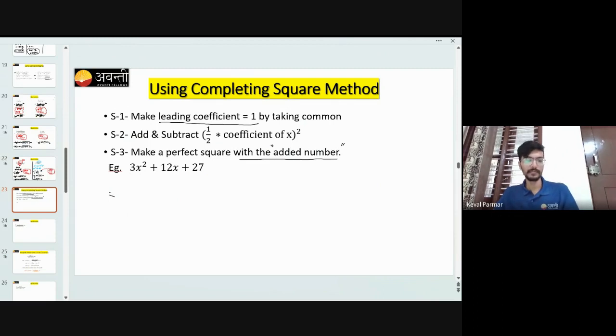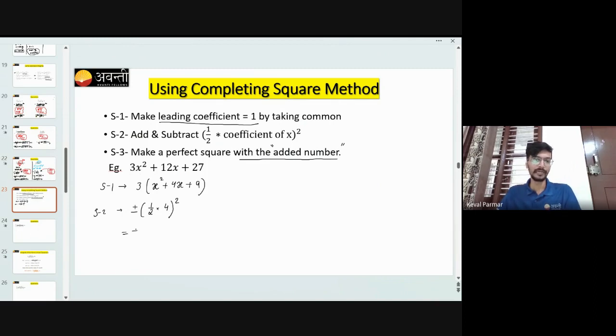So let's try an example here. If I do step 1 here, what is step 1? Step 1 is take 3 common. If I take 3 common, that means my leading coefficient will become 1. So I will get x square plus 4x plus 9, I suppose. Yes. Now, what is step 2? Step 2 is add and subtract half into the coefficient of x, the whole square.